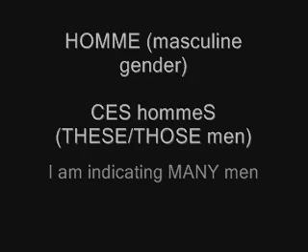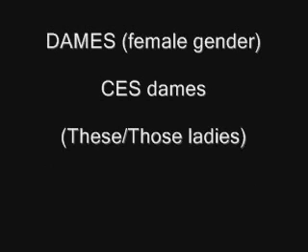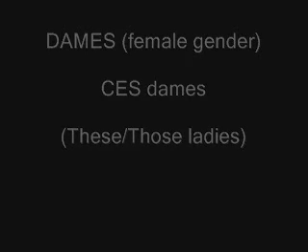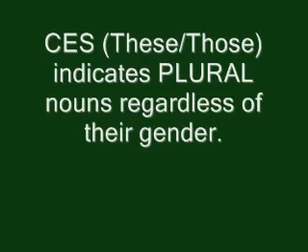If I wish to say these ladies or those ladies, it will be ces dames. Okay? So you use ces when the noun that you wish to indicate is plural. It doesn't matter whether it has a masculine or feminine gender. Alright, so that would be it for the demonstrative adjectives in French: ce, cet, cette, ces.